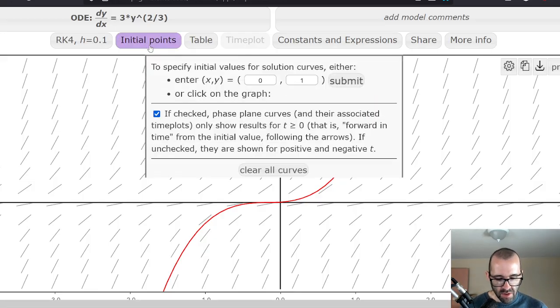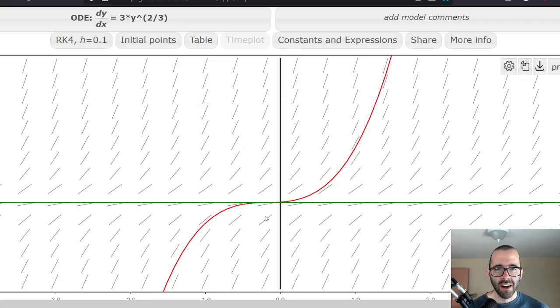But also, we have another solution here, and I'm going to slightly change what this looks like just to make it easier for it to show up. This green graph, which is much harder to see, is also a solution to the same initial condition. So it's not a unique solution.